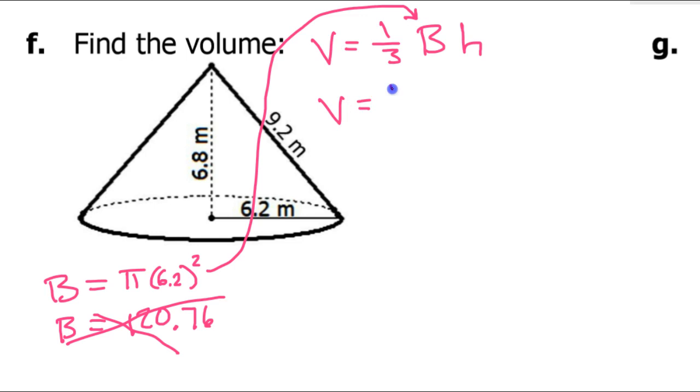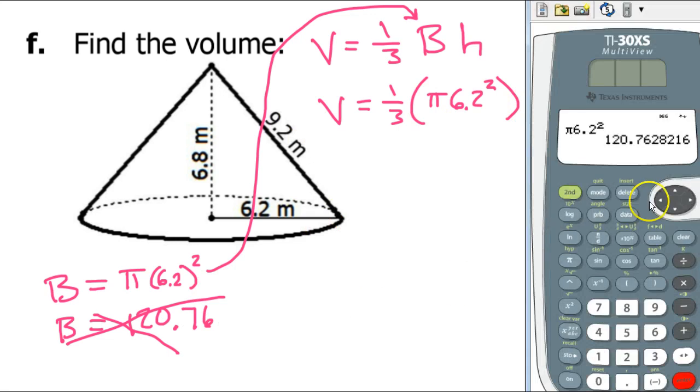But the most accurate thing to do is to put in pi times 6.2 squared, the whole thing, pi r squared. So we have 1/3 area of the base times the height, and the height is 6.8. And then I can just put all this in my calculator. So now I have not done any rounding, so I know it's going to be good.